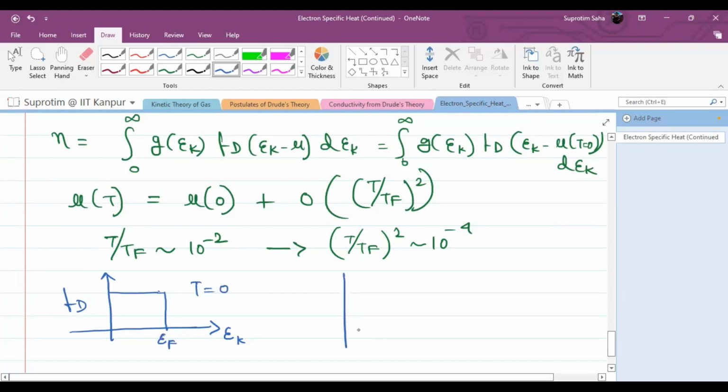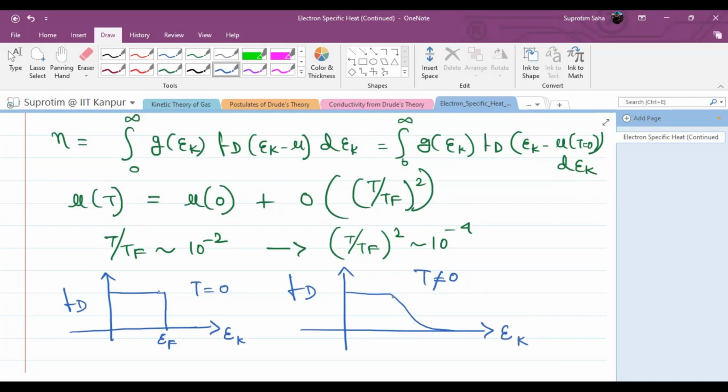But at T not equals 0, see that there is a spreading of the Fermi Dirac distribution. This is the Fermi Dirac, and this is epsilon k. So now earlier the Fermi Dirac distribution was here, with a finite value beyond that equals 0. But now the Fermi energy is here.